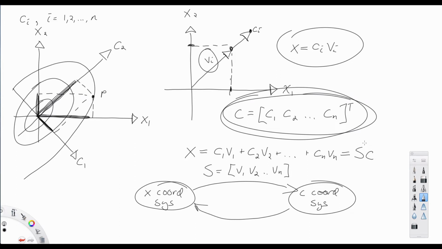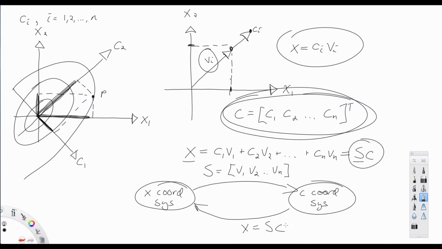If we were looking over here, x is equal to s times c. Suppose we have a point defined in the c coordinate system. If we pre-multiply it by s, then that gives us x. So transforming from the c coordinate system to the x coordinate system is as simple as obtaining x from s times c.